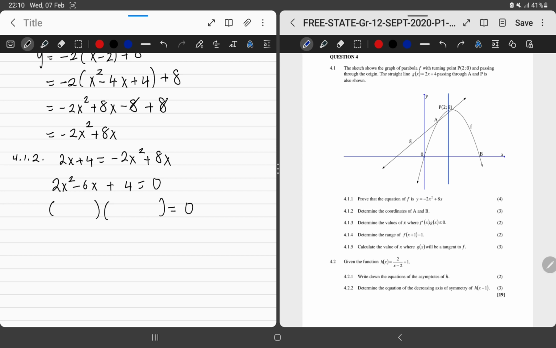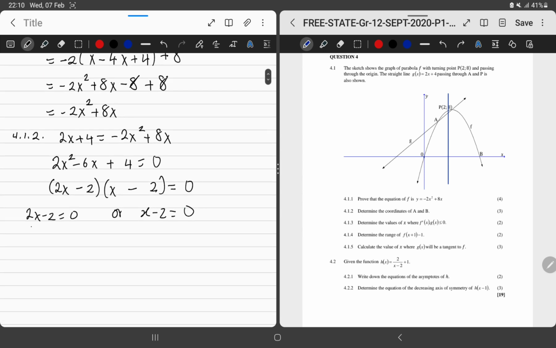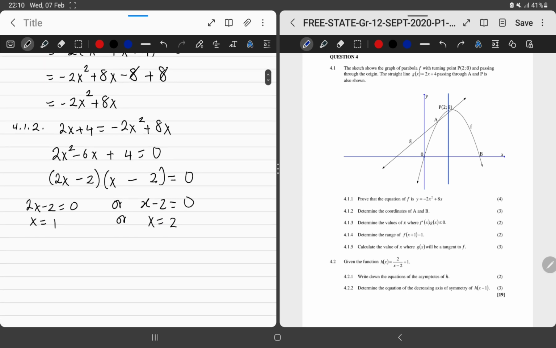Now I'm just going to look for the factors. So this is 2x, x, and that is going to be a 2 and a 2, minus, minus. (2x - 2)(x - 2) = 0. 2x - 2 = 0 or x - 2 = 0. x = 1 or x = 2.